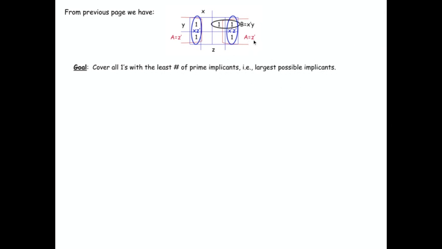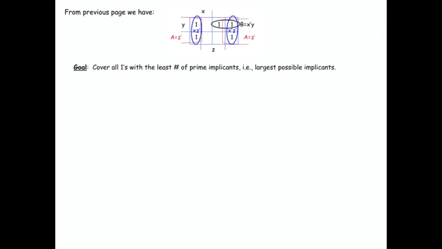We have still two products, but the second product has three literals. But when I use the largest possible implicants, then the product is the shortest possible, only two literals. What I ended up with is one product that has a single literal and a second product that has only two literals. So by following this rule, the least number of largest possible implicants will produce the simplest possible expression of a Boolean function. Any questions about that?